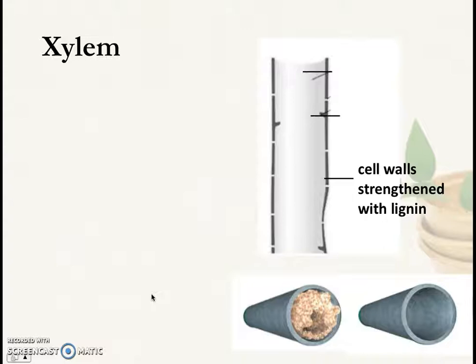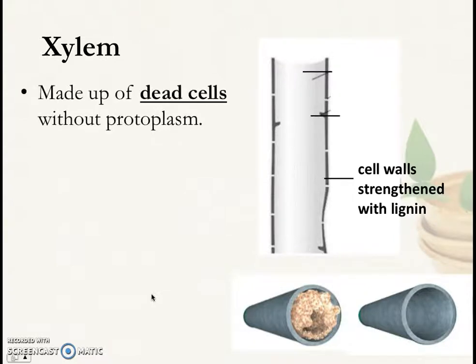But if you're looking for a graveyard in the plant, then it would be found in the xylem, because the xylem is made up of dead cells that do not have protoplasm. And hopefully you still remember that protoplasm refers to the nucleus, cell membrane, and cytoplasm.